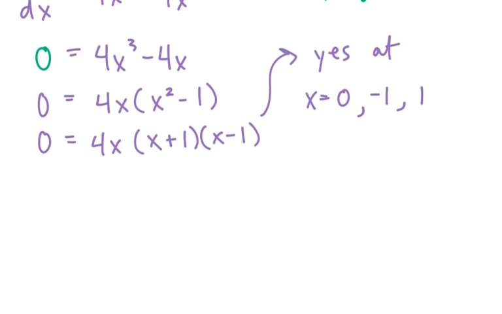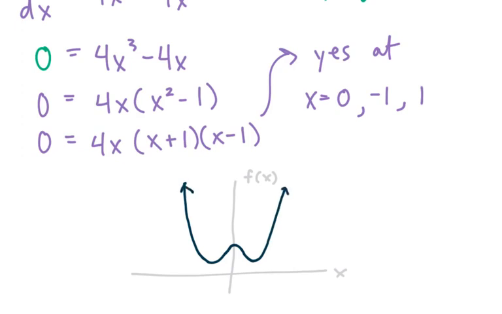And just to help you think about this, let's consider what the graph of my function looks like. So if I were to graph my original function, x to the 4th minus 2x squared plus 2, I would get a graph, very symmetric, looks roughly like this.